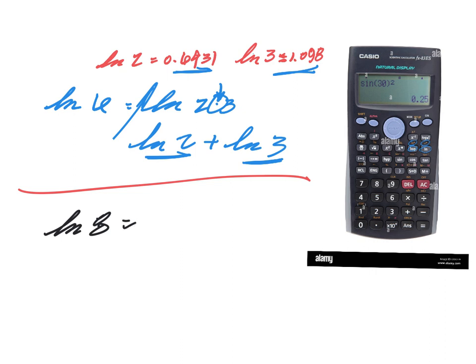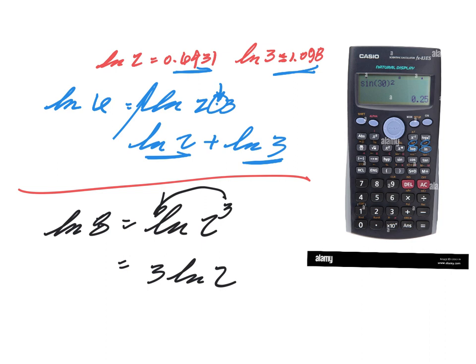So we're going to make that into ln of 2 cubed, which again from 8.4, is 3 ln of 2. Remember, you take that exponent and move it to the front. Now we have our ln of 2, so 3 times our ln of 2, 0.6931. Multiply those, and you're done. Okay, so that is it for 8.5.